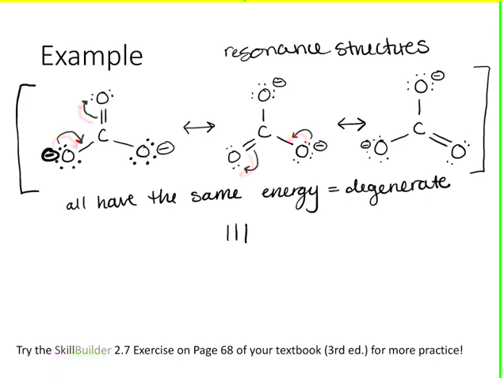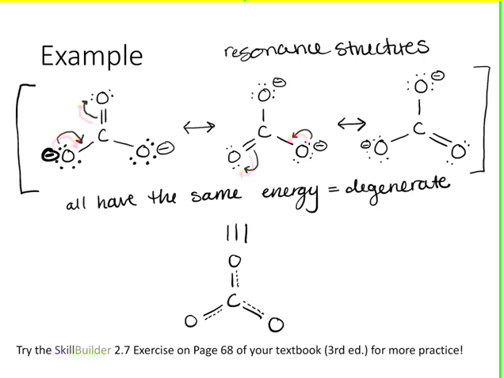Okay, so let's draw our hybrid structure. So I'm just going to draw a single bond between carbon and each oxygen. And we just saw that the double bond, or the pi electrons, are shared among each of these three bonds. So we can draw that dashed line along each of the three bonds.